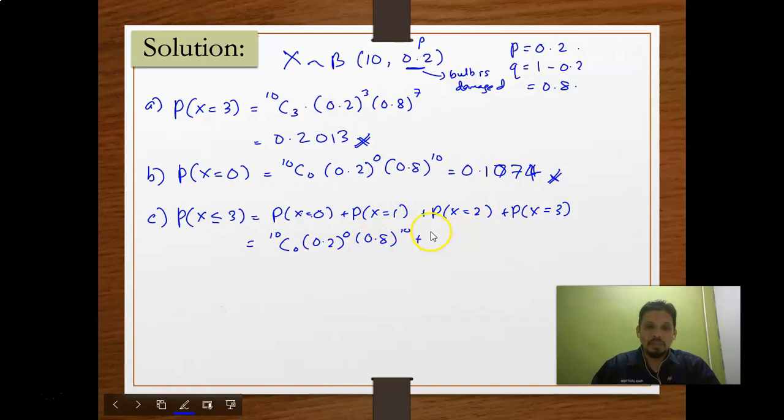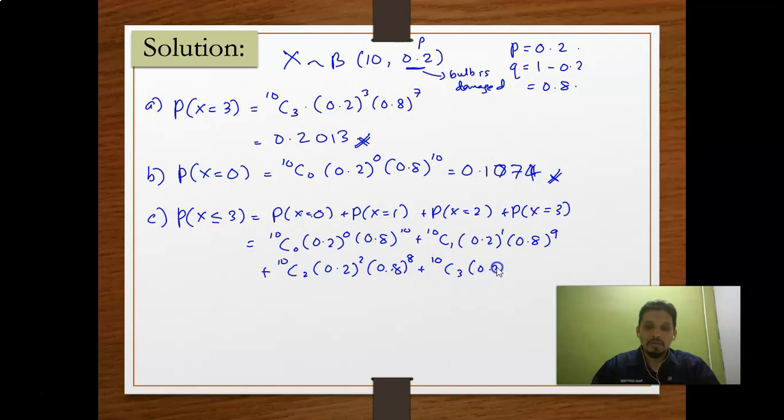For x equal to 1, it is 10C1, 0.2 to the power of 1 times 0.8 to the power of 9, plus for x equal to 2, 10C2, 0.2 to the power of 2, 0.8 to the power of 8, since 10 minus 2 equal to 8, plus 10C3, 0.2 to the power of 3 and 0.8 to the power of 7.